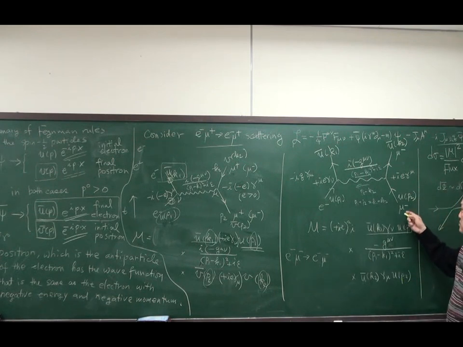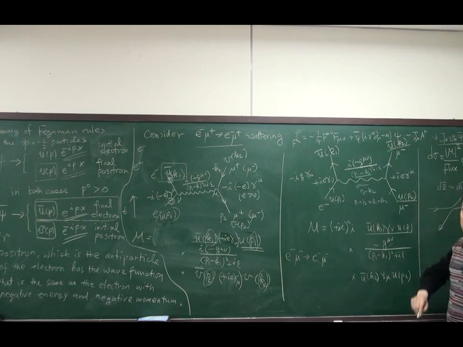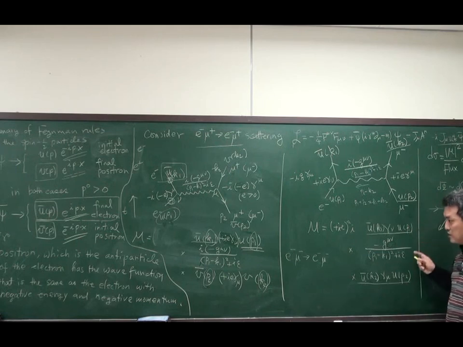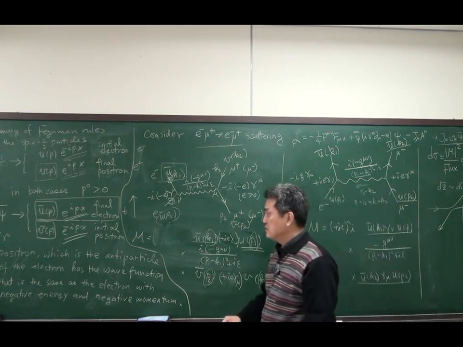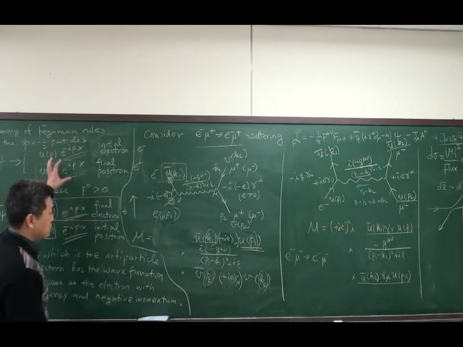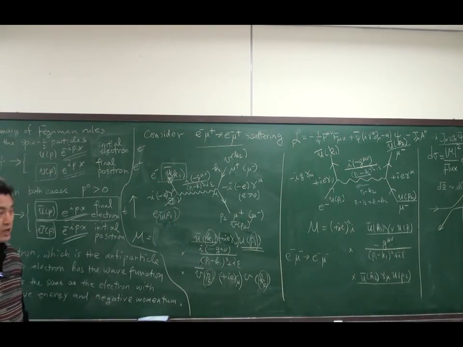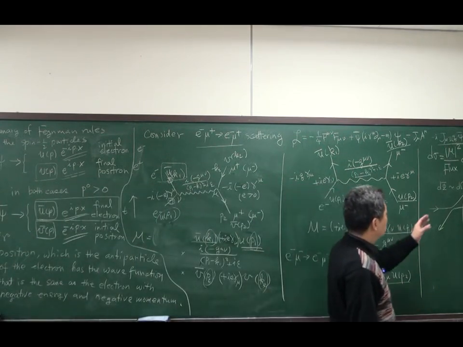But in the case of this mu1, positive energy solution can be used, then the initial state is U p2 and the final state is U bar k2. Okay? U p2, U bar k2. Correct direction. But still, I don't have any e to the ikx style. These factors are already factored out and contained in here.